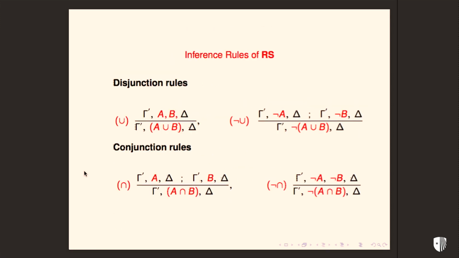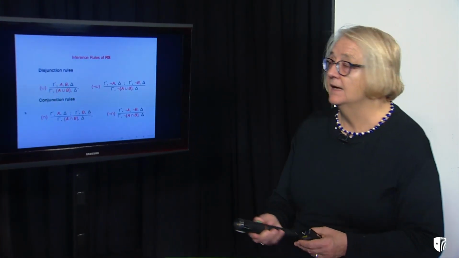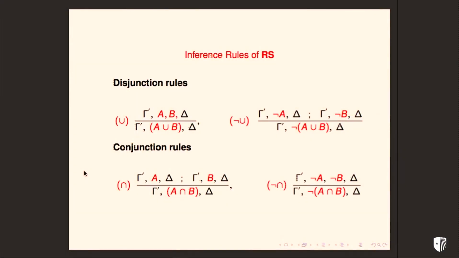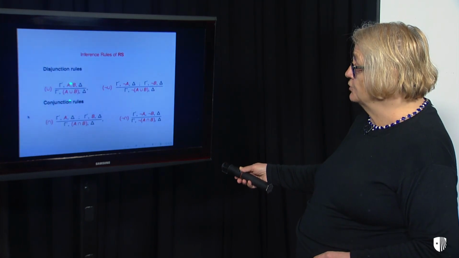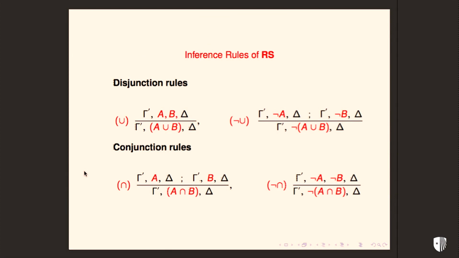And now the rules of inference. I'm going to come back to those rules, but I want to tell you what it means that a rule introduces a connective. It means that here you have a sequent, and in the conclusion you can put a disjunction between A and B. So that is a new formula. That sequent introduces the disjunction in a certain way: to be able to apply this rule, you need to have only literals on the left side.